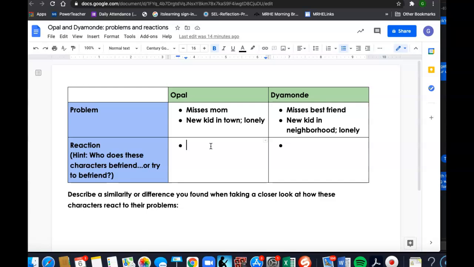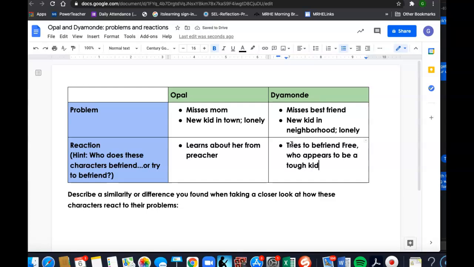So as we just reviewed, Opal misses her mom, and the way that she reacts to that is she learns about her from Preacher, right? And Diamond misses her best friend, and one way that she reacts to that is she tries to befriend Free, who comes across right now as a tough kid to be friends with, right? So if I'm looking for a similarity or difference when taking a closer look at these characters, I might say that Opal and Diamond both appear to address their problems boldly, right?